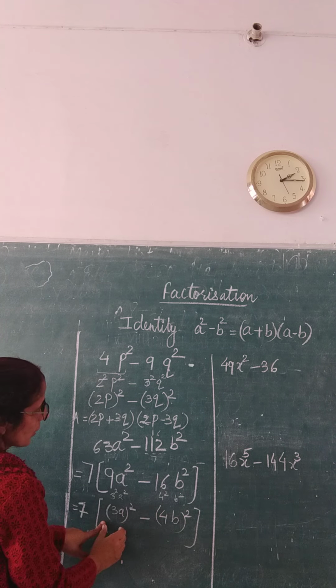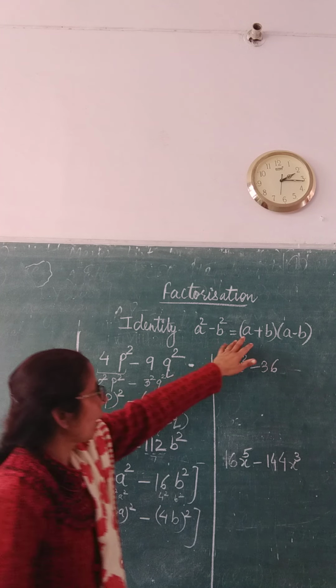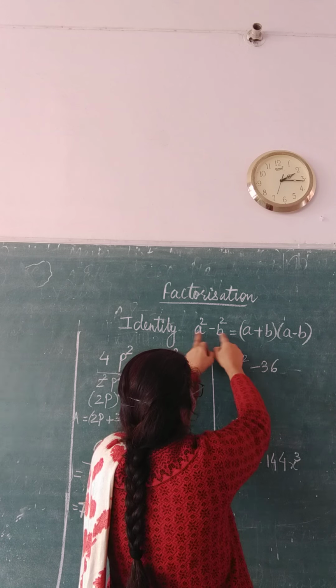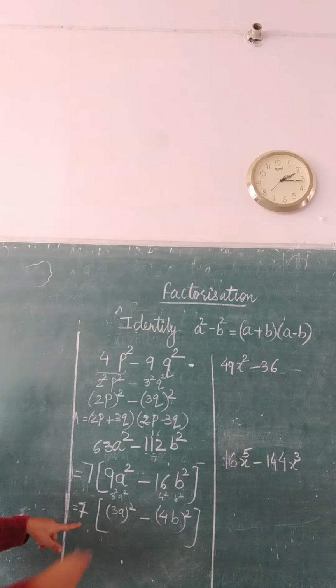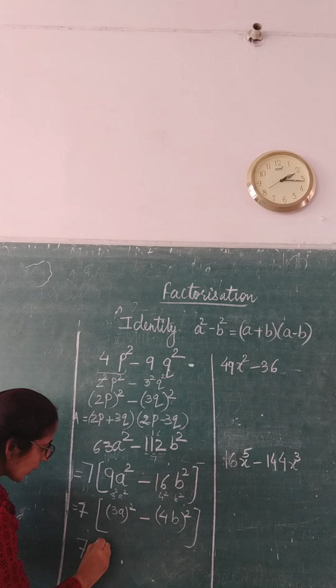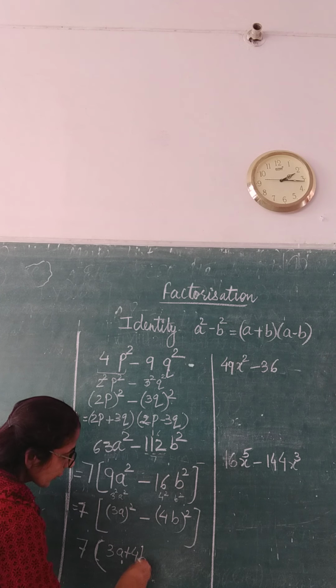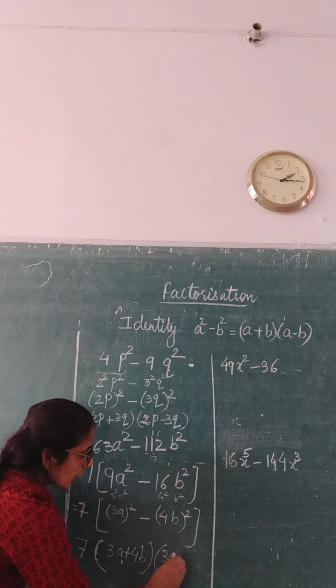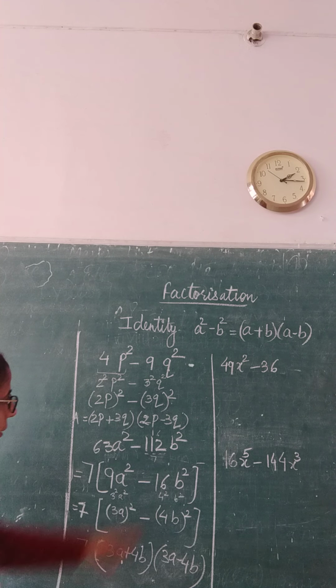Now this is something square minus other thing square. So once we add these two terms and once subtract these two terms: 7 outside, in one bracket 3a plus 4b, and in the other bracket 3a minus 4b. So these are the factors.